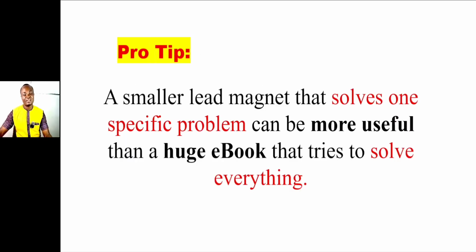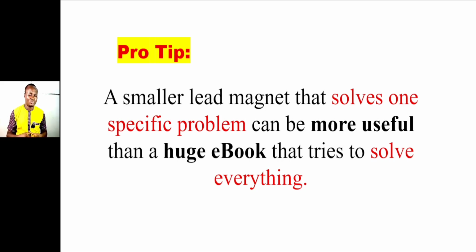And this is a pro tip for you. A small lead magnet that solves one specific problem can be more useful than a huge ebook that tries to solve every problem. When a book talks about a specific matter, it is more effective, and the people you attract into your list will be specific to a particular niche.